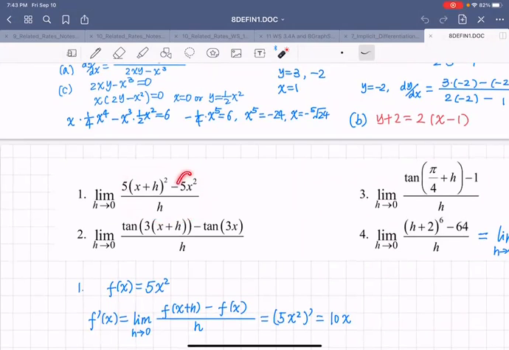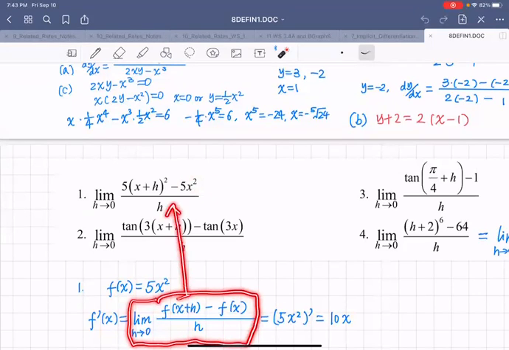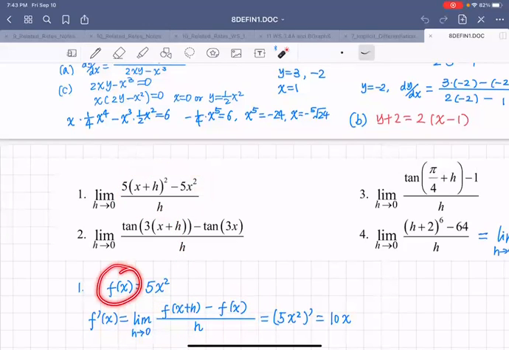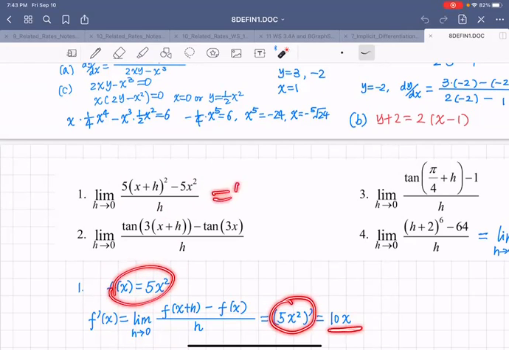If I make my f(x) equal to 5x squared, f prime x is defined by this. So it's asking for f(x)'s derivative. F(x)'s derivative is 10x. So this answer is 10x.